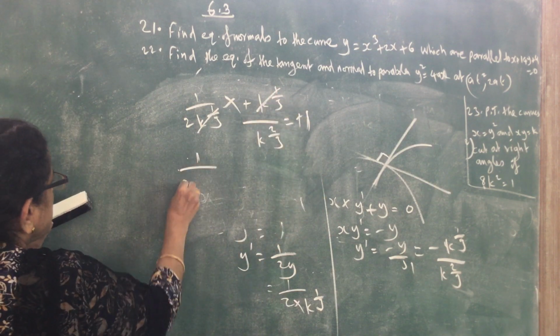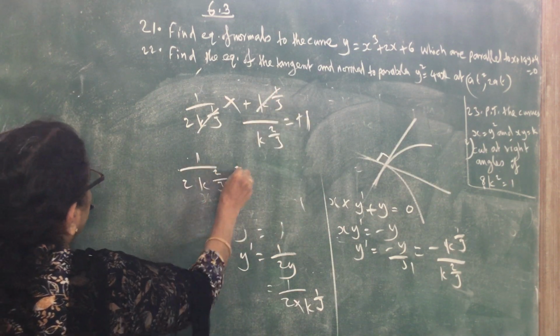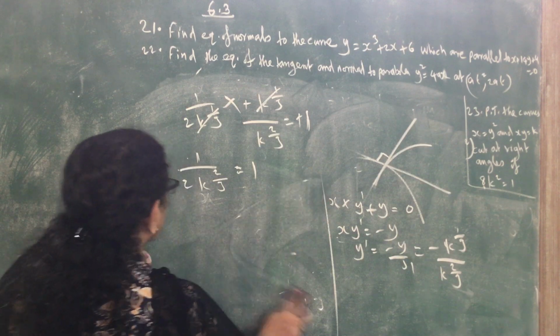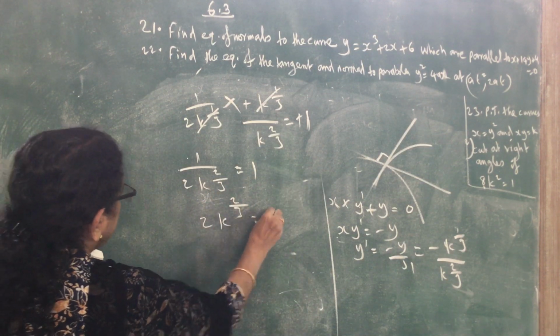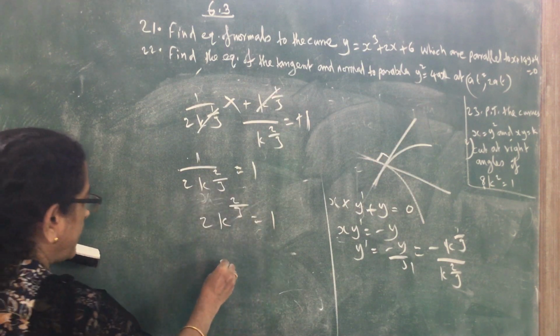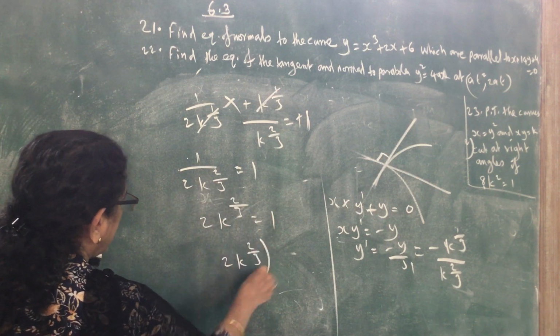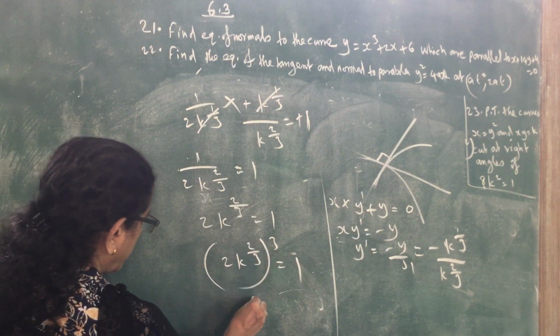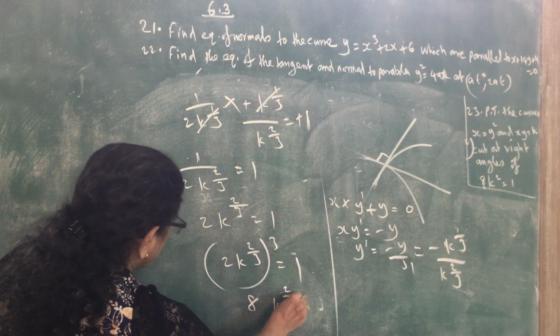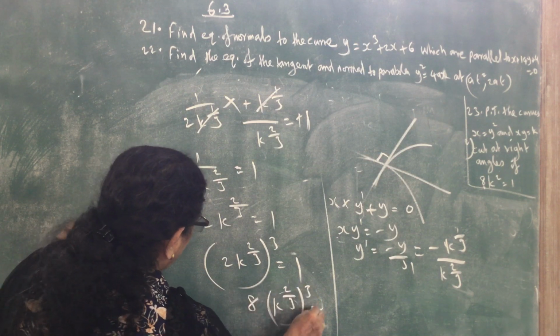So 1 by 2 k raised to 2 by 3 equal to 1. Therefore, cross multiplying, 2 into k raised to 2 by 3 equal to 1. Taking cube, 2 into k raised to 2 by 3 whole cube equal to 1 cube. That is 2 cube, 8 into k raised to 2 by 3 whole raised to 3 equal to 1.